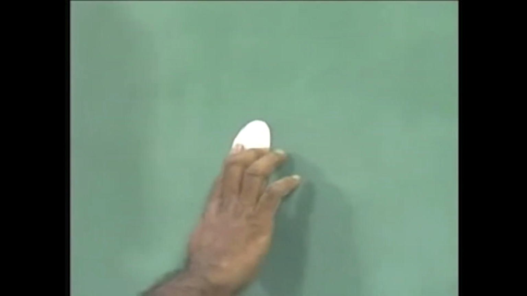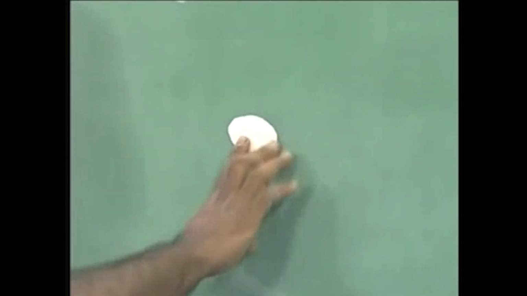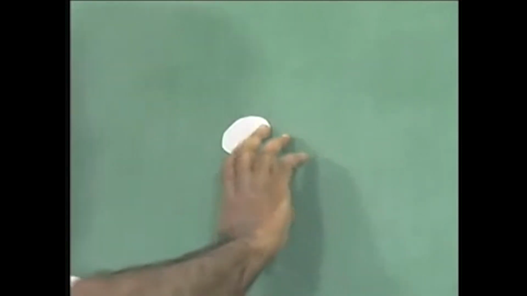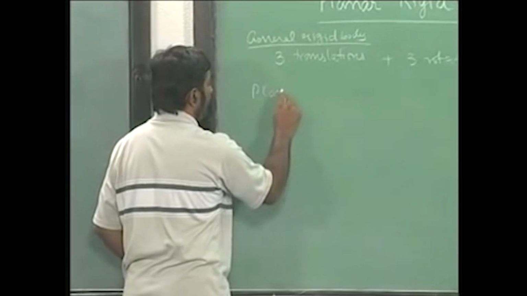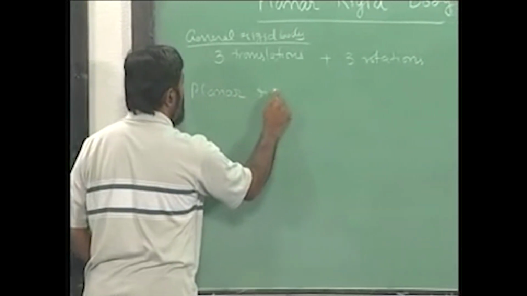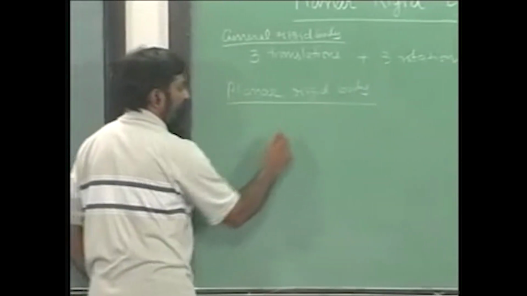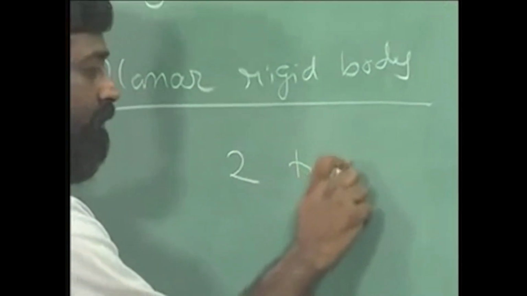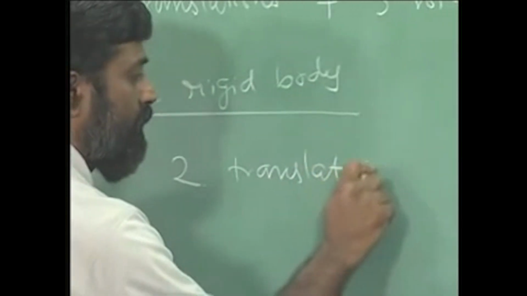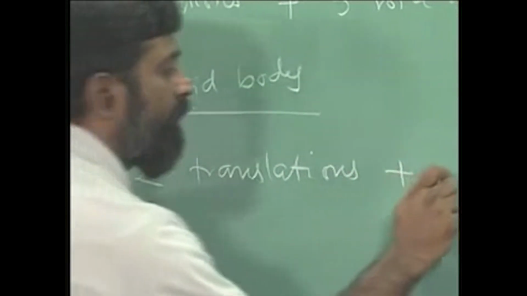It can move horizontally like this, it can move vertically like this, or it can rotate about an axis. So in a planar rigid body, I can expect 2 translations and a single rotation.